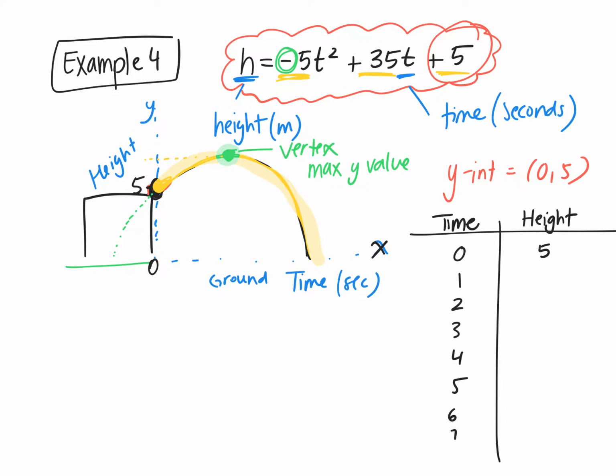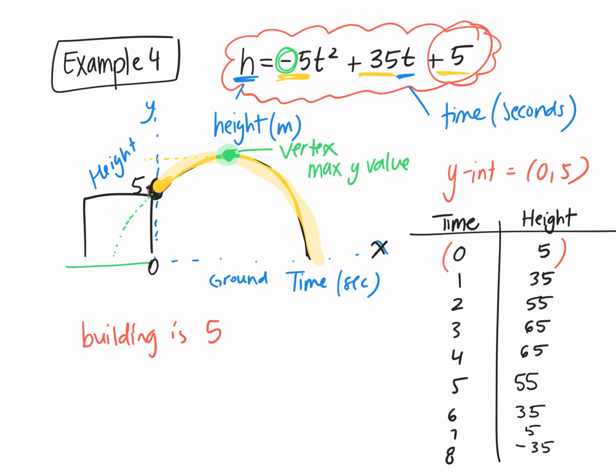Let's go up to 8. So we filled in the table, and we've confirmed the height of the building. That's one of the questions they asked you: what is the height of the building? We already answered that: 5 meters high. So you can answer that question for C. Okay, how do you know that?